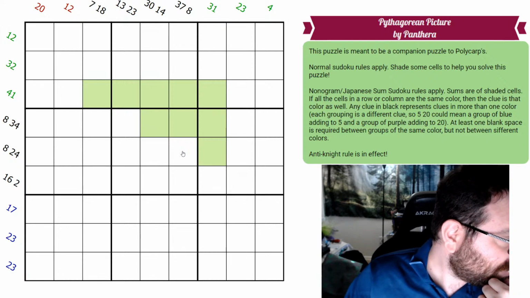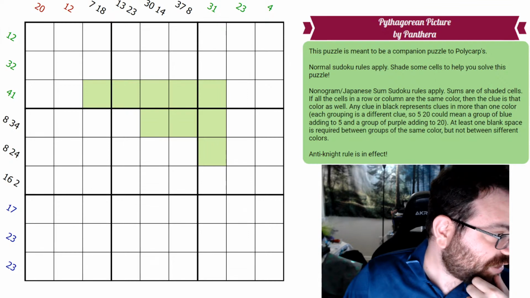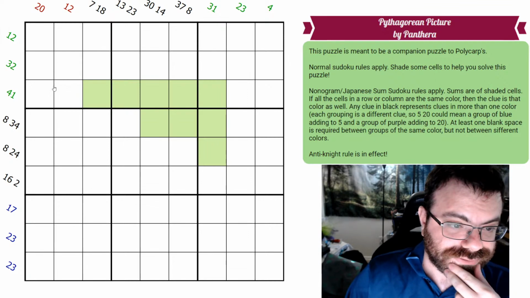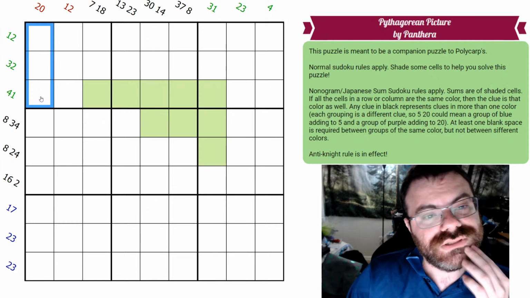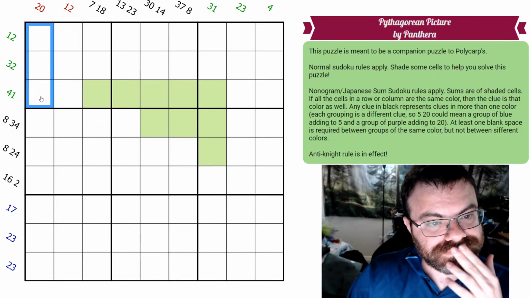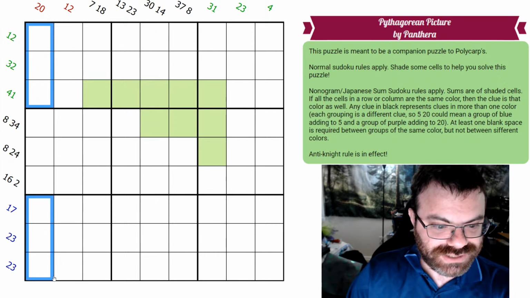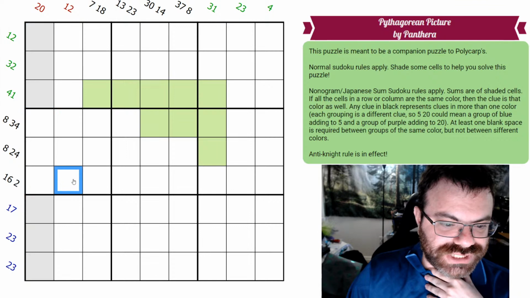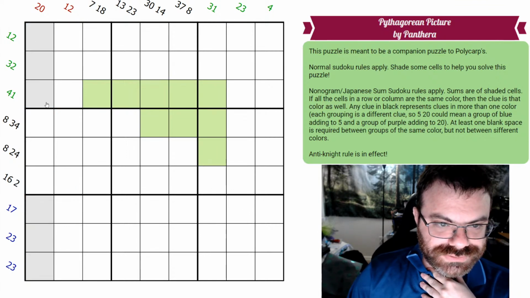Laszlo's point. Where am I looking for Laszlo? First couple of cells in the first 3 rows must be unshaded because they can't be 2 colors. Right. I think it's the same here as well. These can't be shaded because we would be mixing colors.